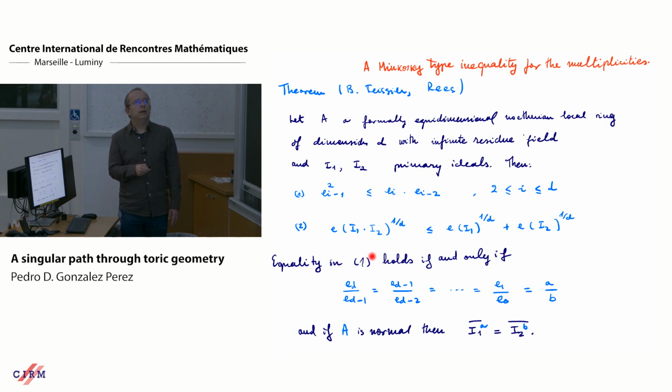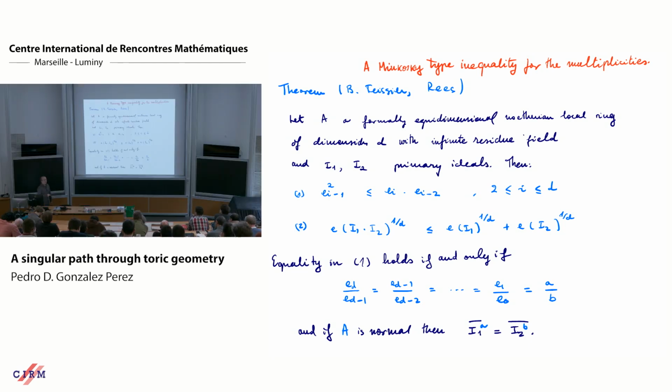And in particular, the first inequality is equivalent to this equality of quotients. And when this equality holds, then if the ring A is normal, we have, writing this as a fractional number, the equality of the integral closure of ideals, which is somehow a generalization of the property I stated before in the case of monomial ideals.